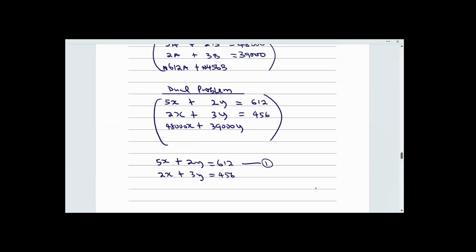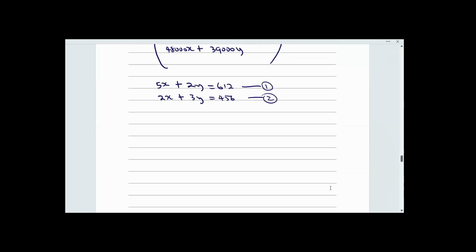This is equation 1, this is equation 2. So I would then say 2 multiplied by 5x plus 2y equal to 612, then 5 multiplied by 2x plus 3y equal to 456.